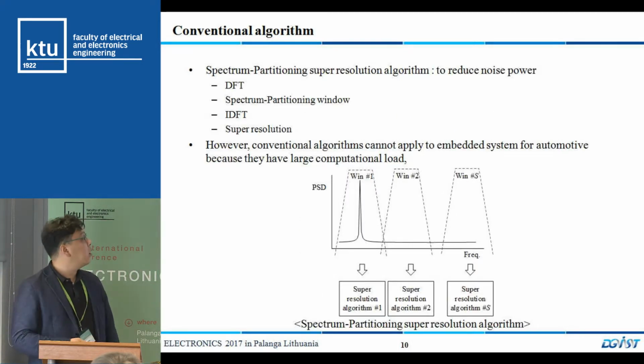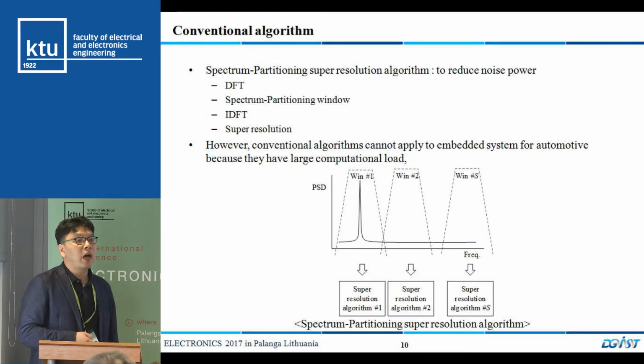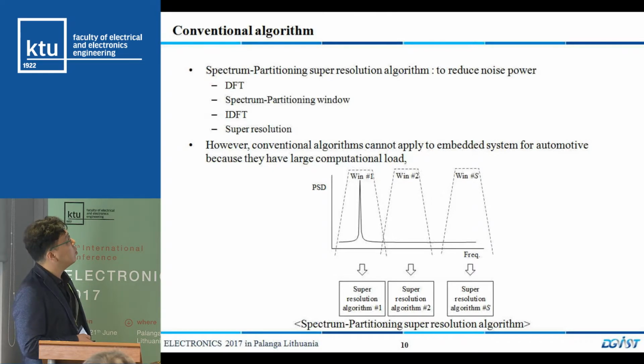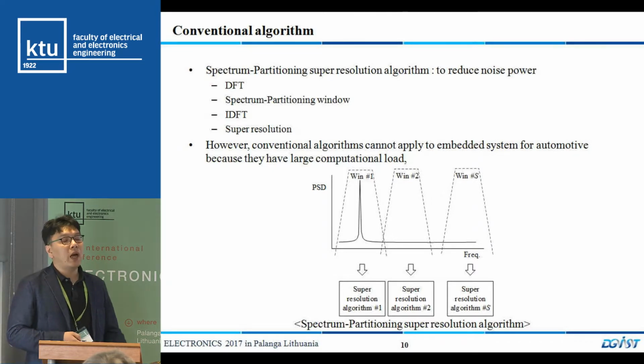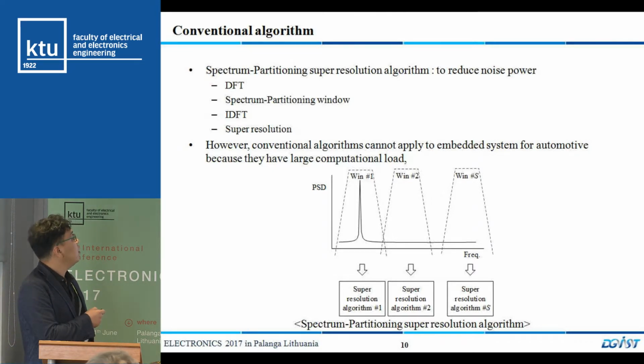The second conventional algorithm is spectral partitioning, a super resolution algorithm. The goal of this algorithm is to reduce the noise power. The algorithm is composed of DFT, spectral partition window, inverse DFT, and the super resolution algorithm. Using the frequency spectrum, the spectral partition window is applied using an S band.